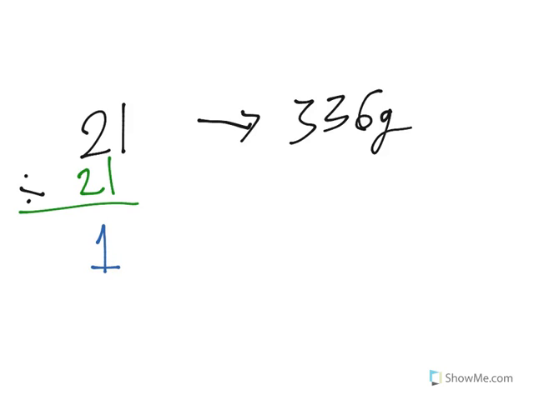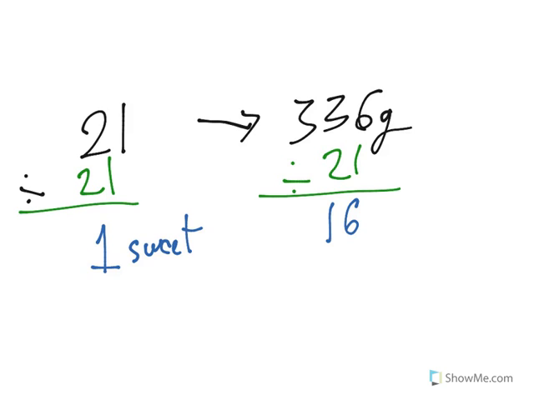Good. And we're going to divide the other side by the same. 336 divided by 21 equals 16. I'm going to write in blue. Therefore, we just found out that 1 sweet is 16 grams. Got it?